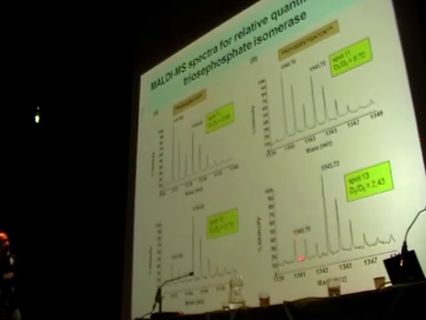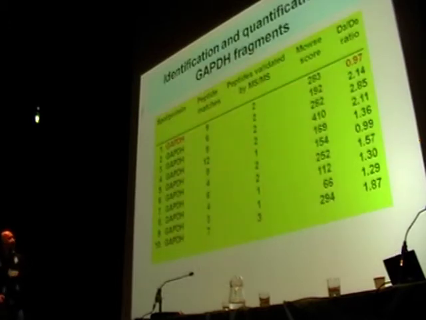It's again just a comparison of area under the peak between these peaks. So for GAPDH, shown in red, the full-size protein has a ratio of about 1, which now changes, and there are tons of fragments, some of which are 2-3-fold up regulated.